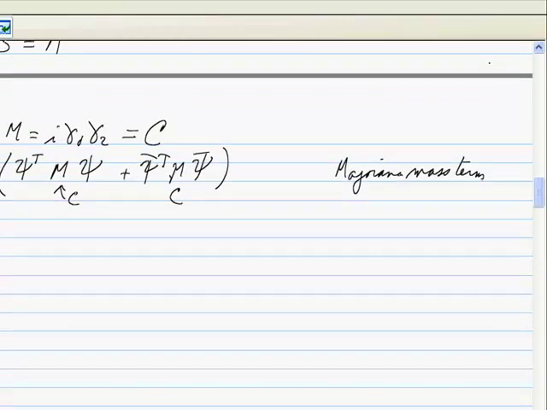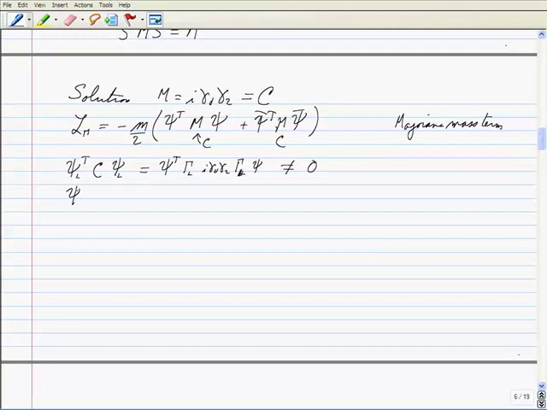Okay. One of the things that you can see is if I take psi left transpose C psi left, that's psi transpose gamma left transpose C, which is i gamma 0 gamma 2 gamma left psi, that's a gamma L, that's not equal to 0, but psi right transpose C psi left is equal to 0.